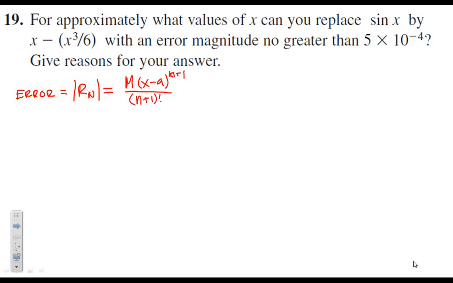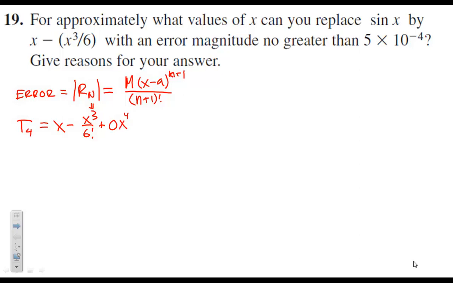factorial. Now in this case, the Taylor polynomial, which estimates sine, I can see that the largest power here is 3, but I also know that the next term here is 0 times x to the 4th.